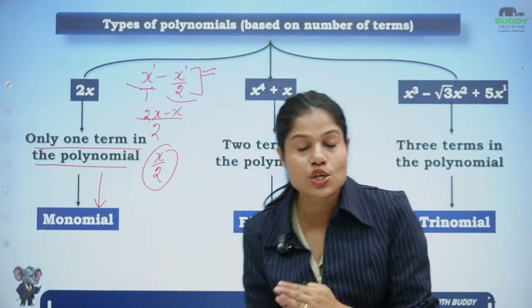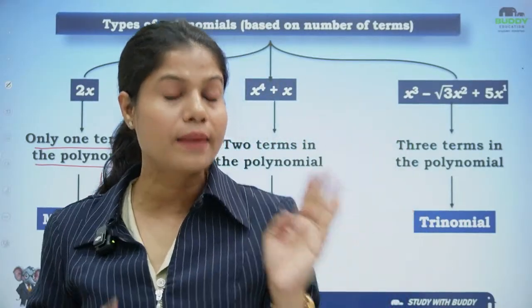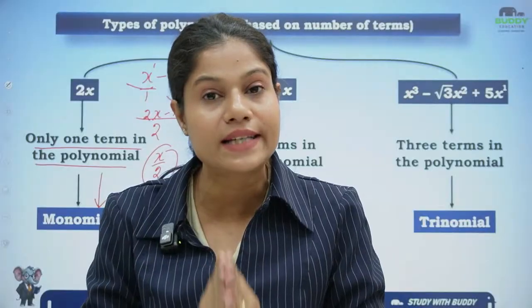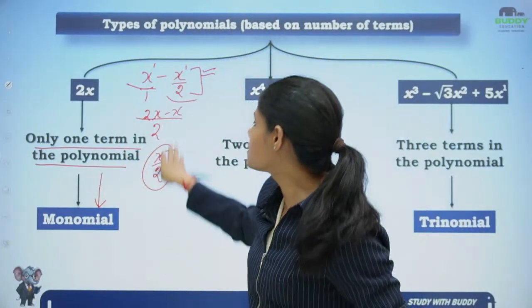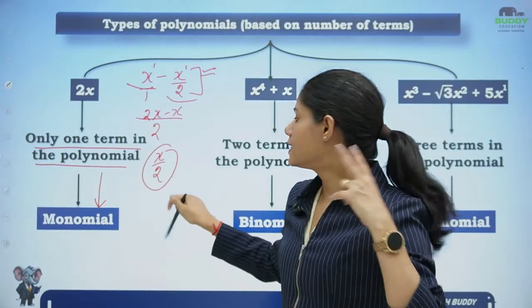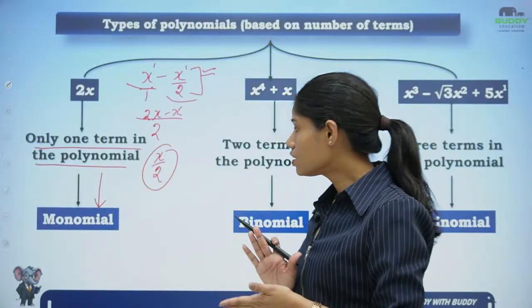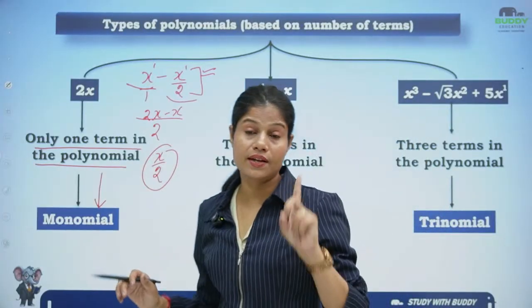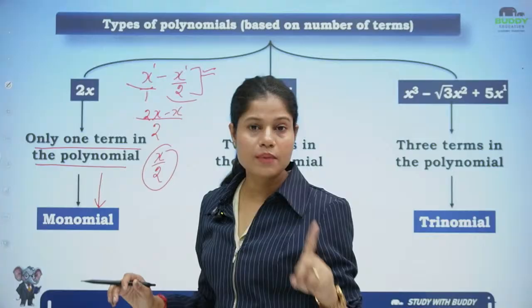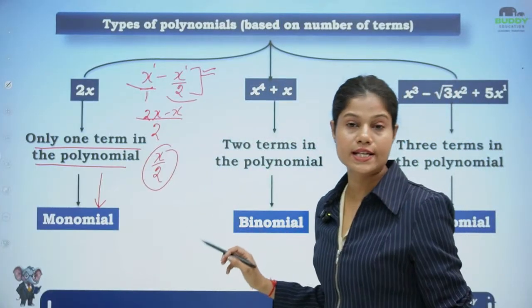So make sure that when you are stating how many terms there are, you have simplified them first. After simplification, you can be sure whether it has one term, two terms, or more than two terms. So first we understood that if there is only one term, we call it a monomial. If there are two terms, we call it a binomial.